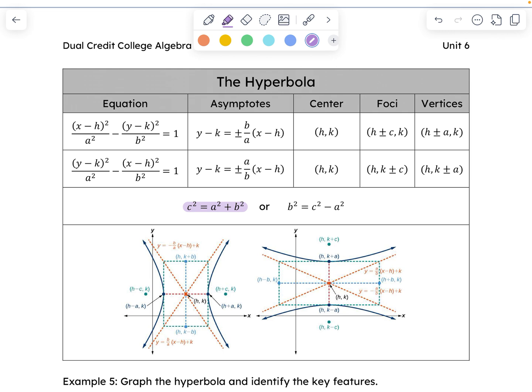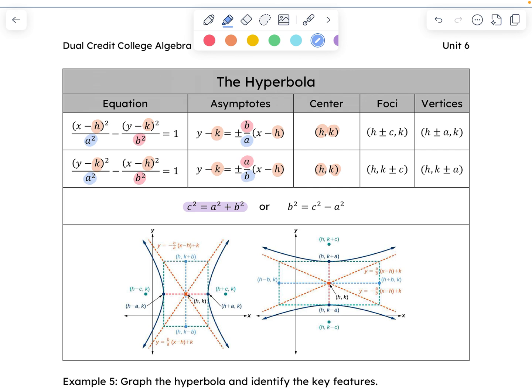So the other thing that's new is this one has asymptotes. So part of your asymptotes is your H and your K that come from your center and from your equation. And then the other part is your B that comes from the minor axis and your A that comes from the major axis.